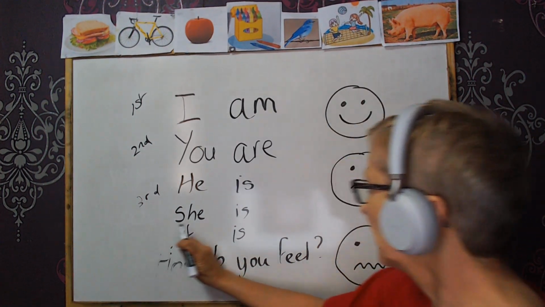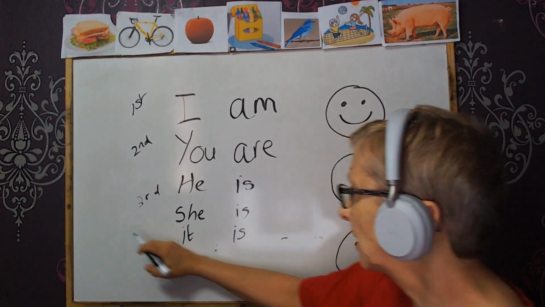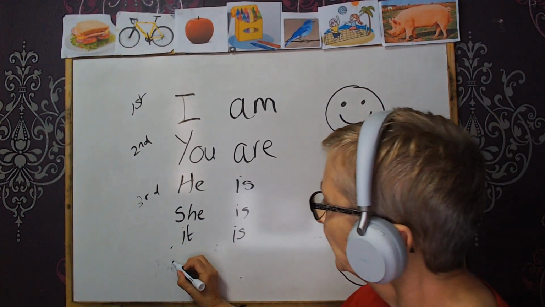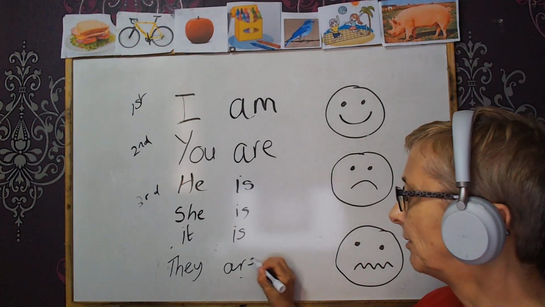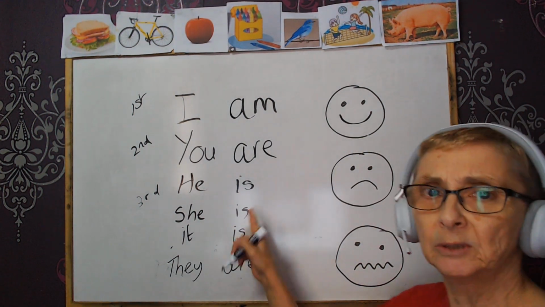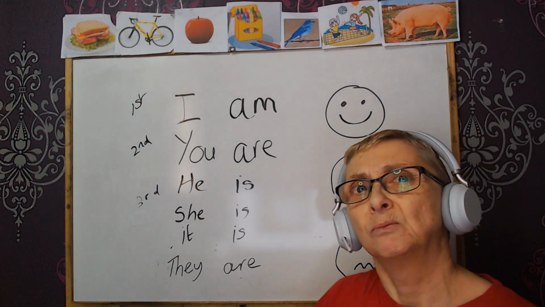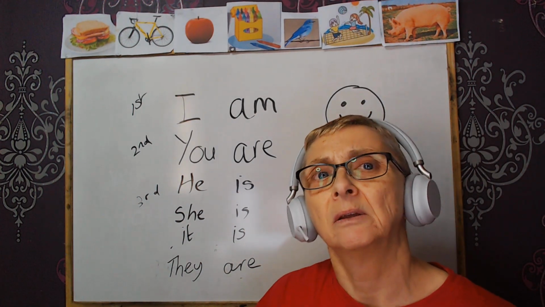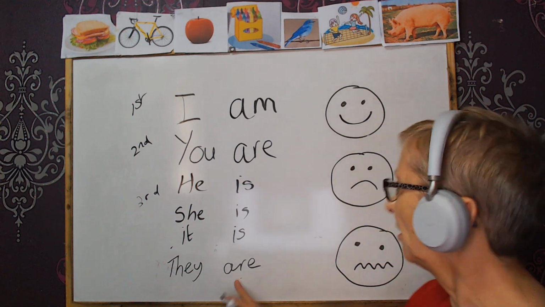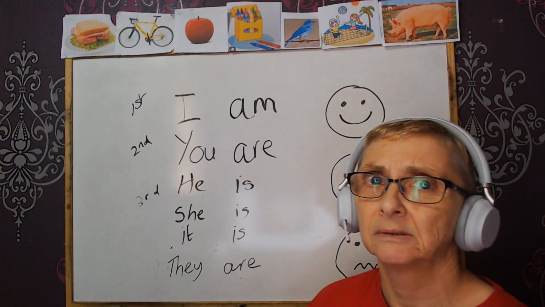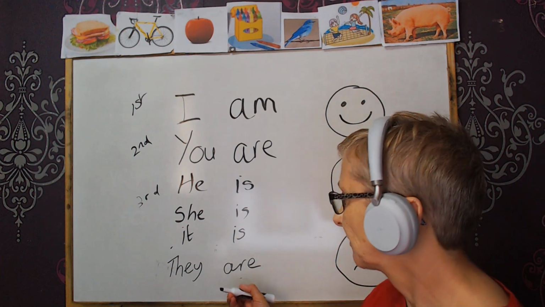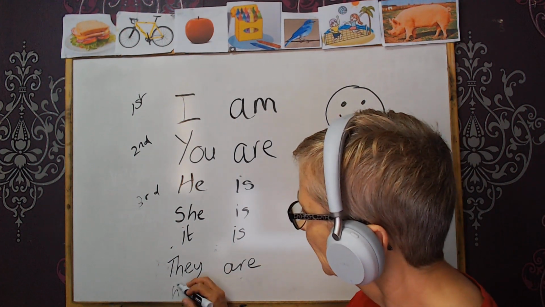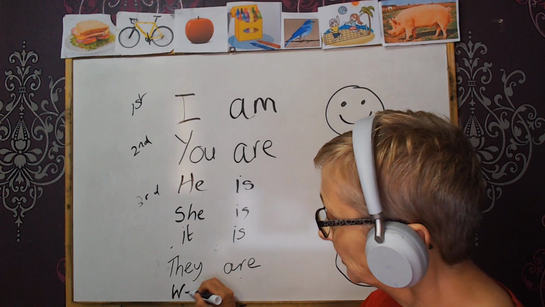Plural, I'm going to rub our question off, and I'm going to ask that question soon. Plural, they are. If we're talking about the third person, we could say the girl and boy. The girl and boy are sad. As a group, they are sad. If it includes you, we're still plural.